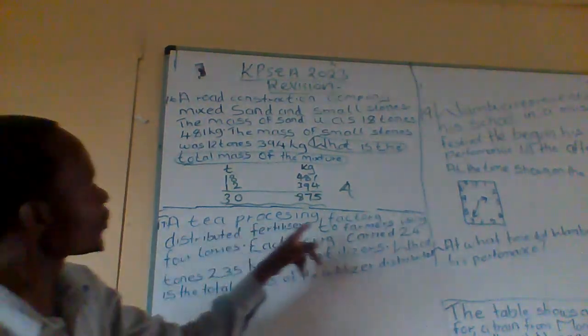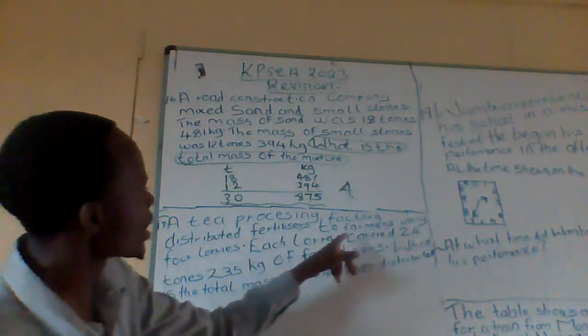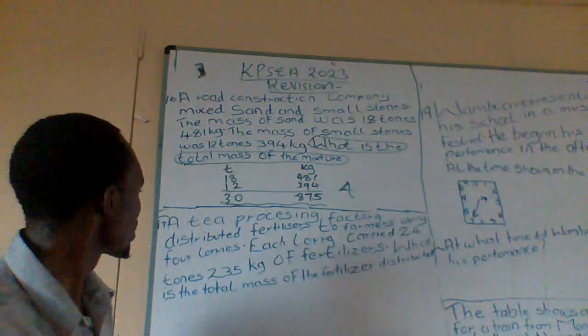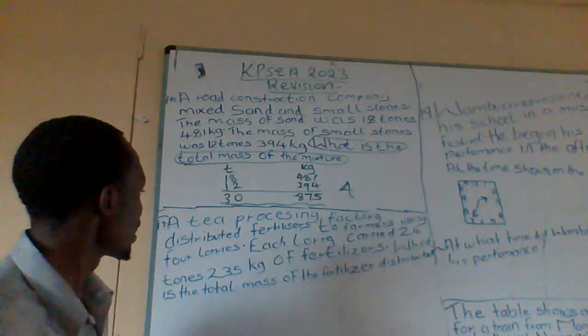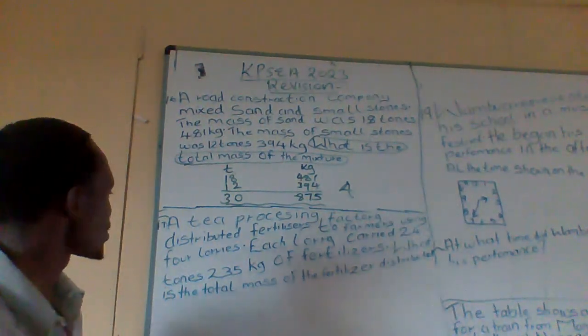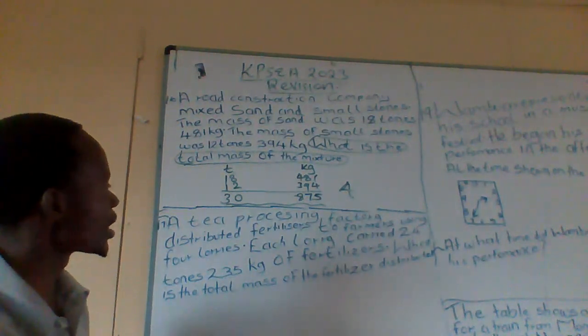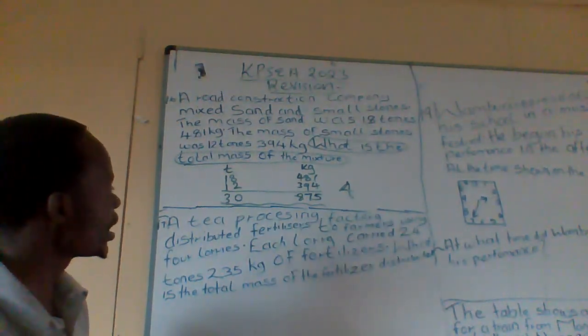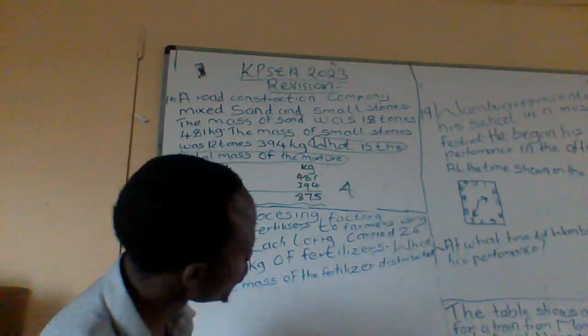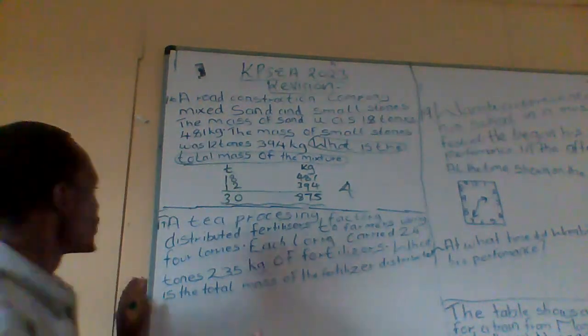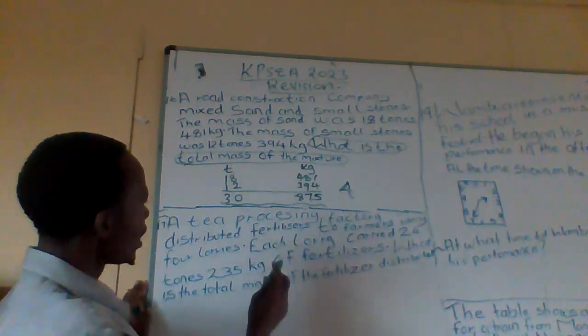A tea processing factory distributed fertilizers to farmers using 4 lorries. How many lorries? 4. And then each lorry carried 24 tons, 205 kilograms of the fertilizer. What is the total mass of the fertilizer distributed?